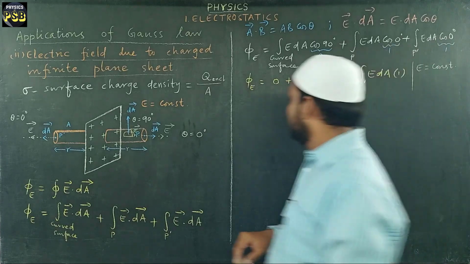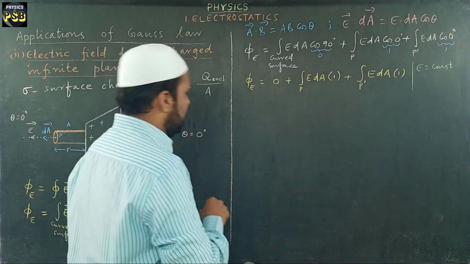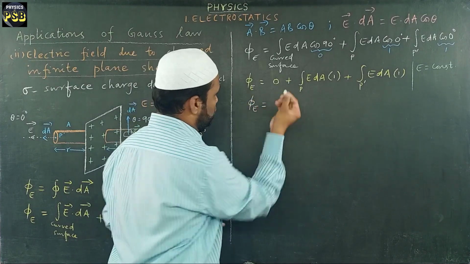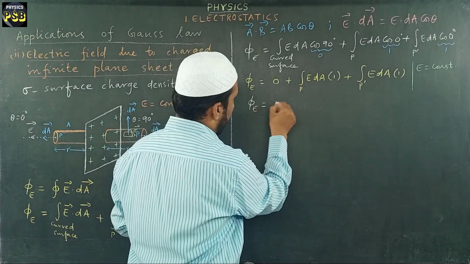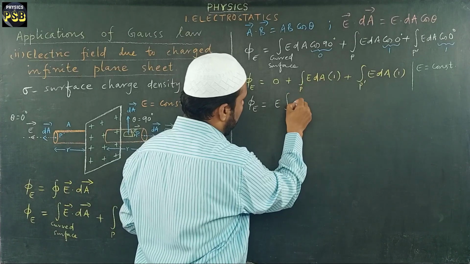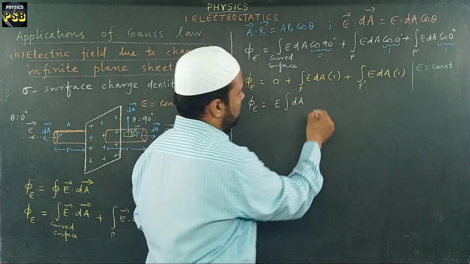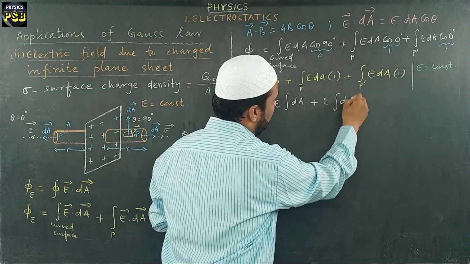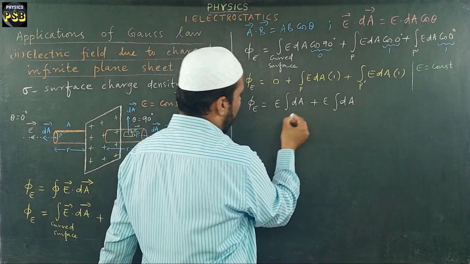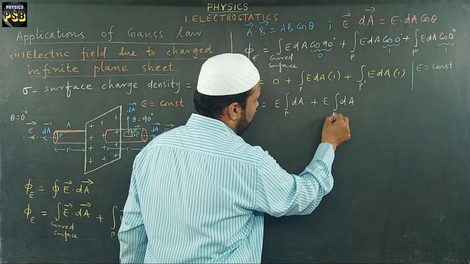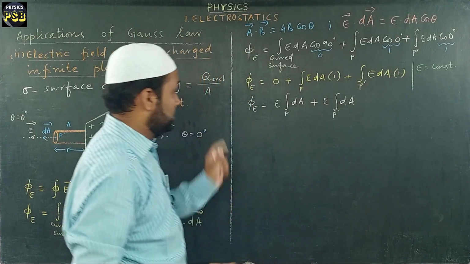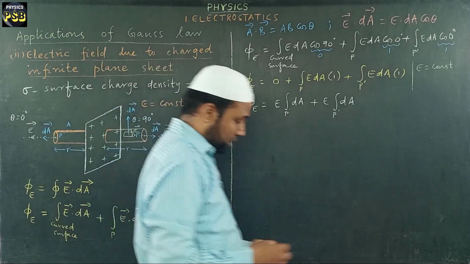The next step: phi E equals E integral of dA plus E integral of dA. Now if you want, you can mention P; otherwise, even if you leave this, it is not going to make any big difference.